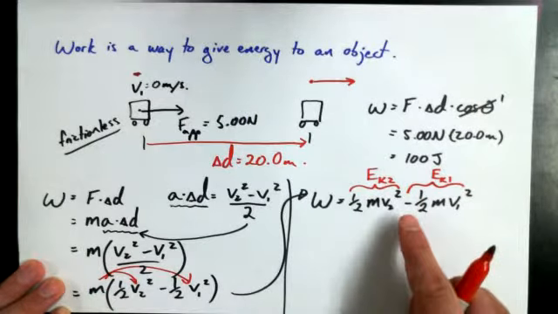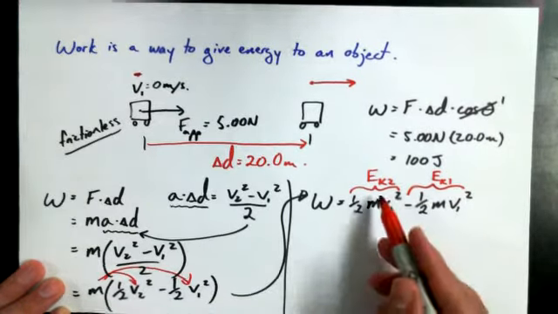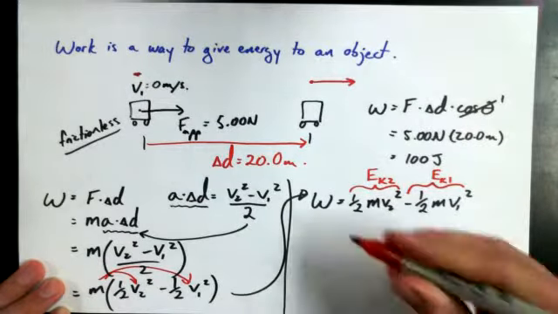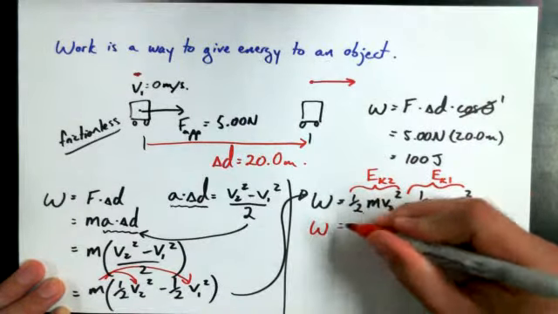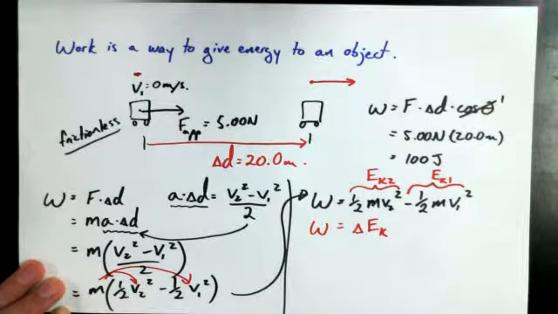You know, there's a subtraction sign there, right? So that's a difference. The difference between these two kinetic energies has to be the additional work energy that I gave that thing. Okay? So EK2 minus EK1 is the amount of work that I gave it. Or people say the amount of work that I do on something is equal to its change in kinetic energy.